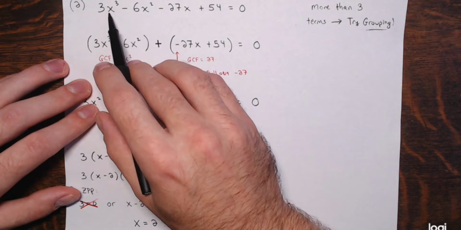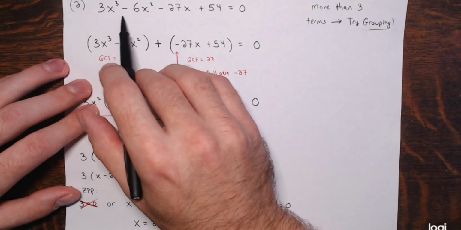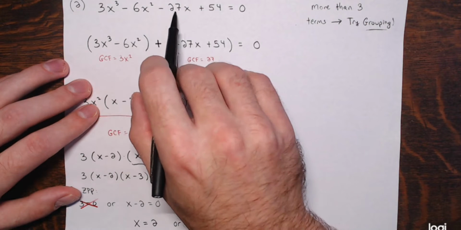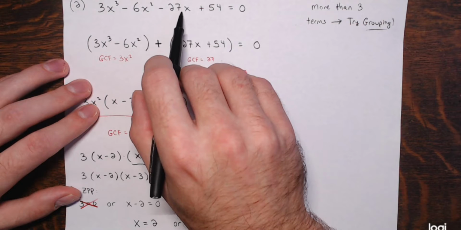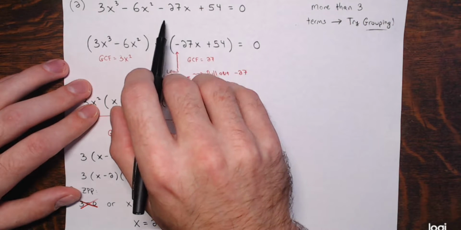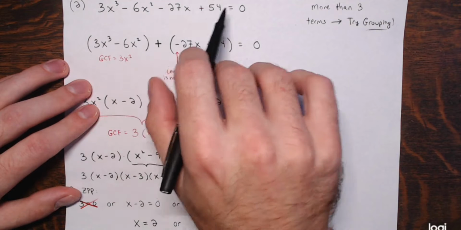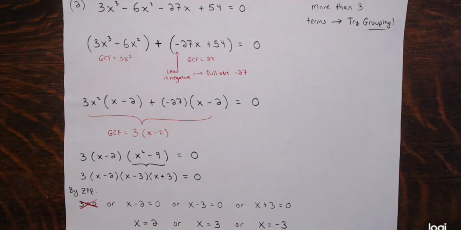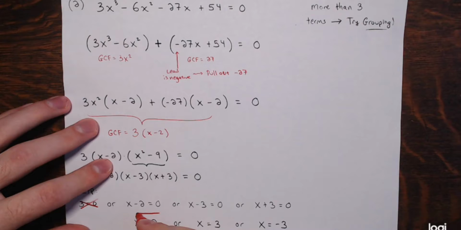So you have 24 minus 24 right there. That's 0. And then negative 27 times 2 is negative 54. And negative 54 plus 54, that's also 0. So you get 0 plus 0 equals 0. 2 definitely works.